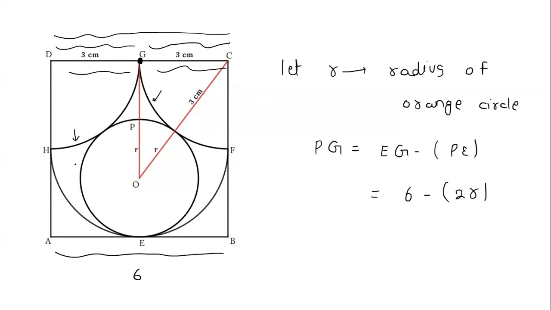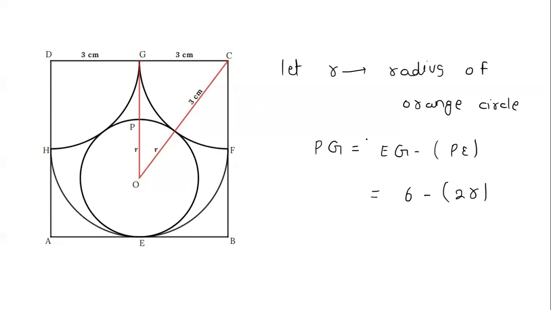And this is our semicircle. Let r dash be the radius of the semicircle. Then 2 times r dash is 6, so r dash is equal to 3 centimeters. So we also know the radius of this semicircle now.